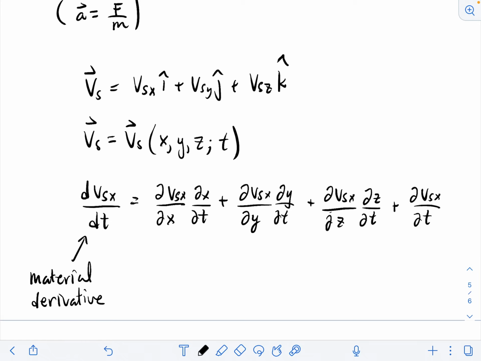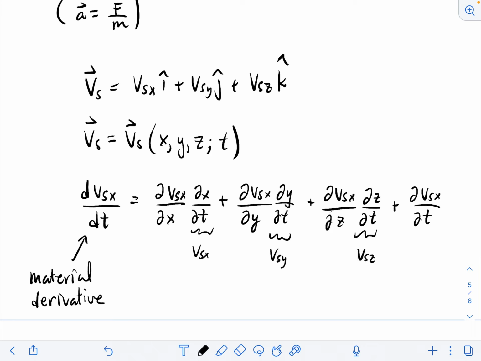Okay, but this x dot is just Vs, the x component of Vs, and y dot is the y component, and z dot is the z component of the superfluid velocity.